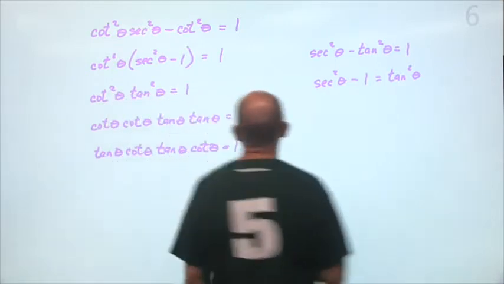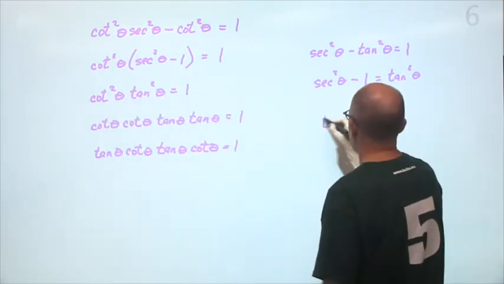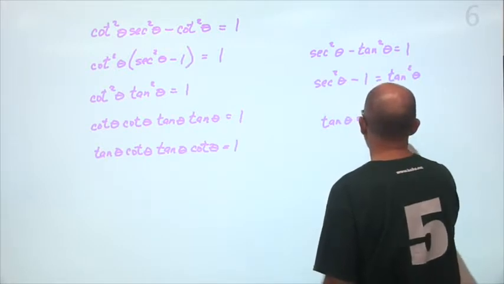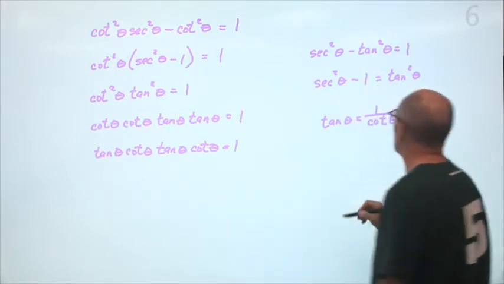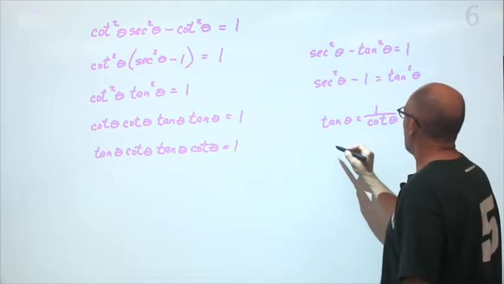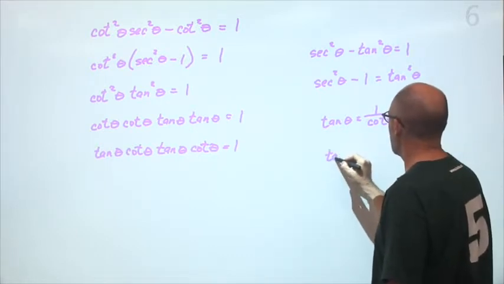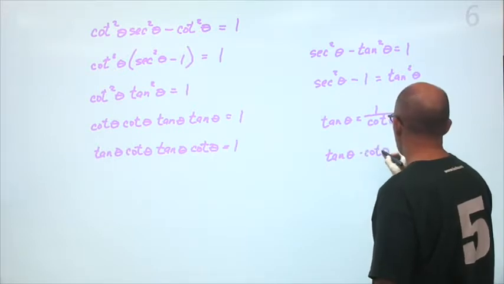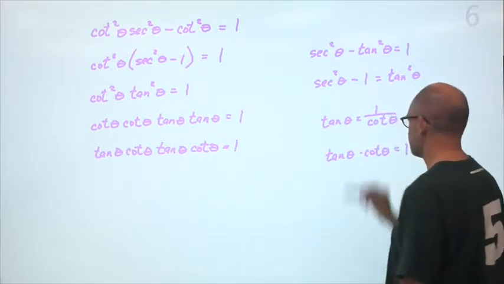Now, we know that tangent theta equals 1 over cotangent theta. So we also know then that tangent theta times cotangent theta equals 1.